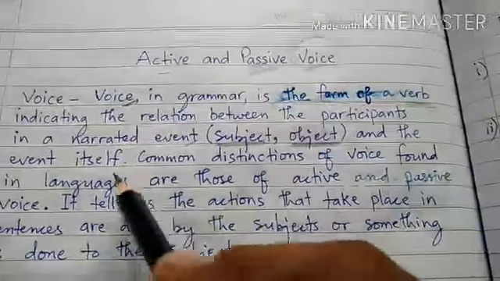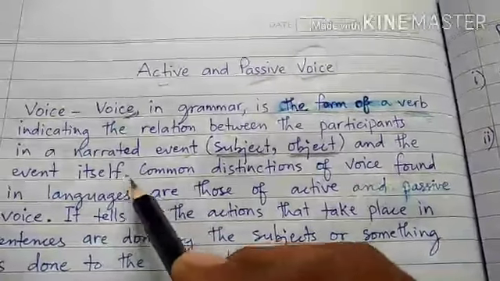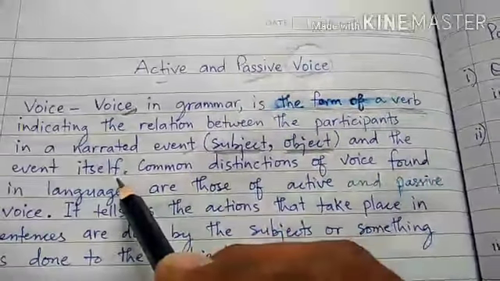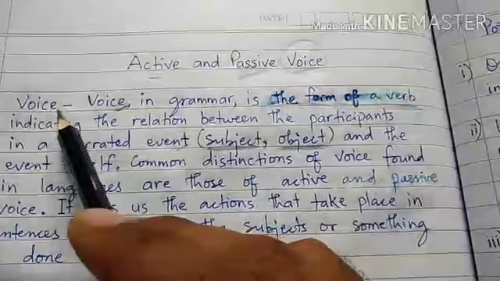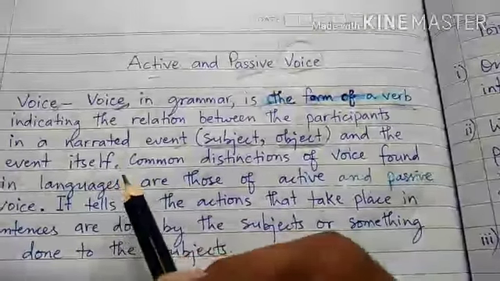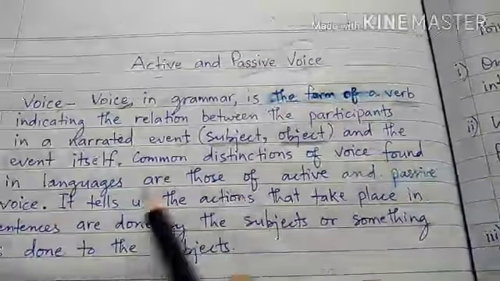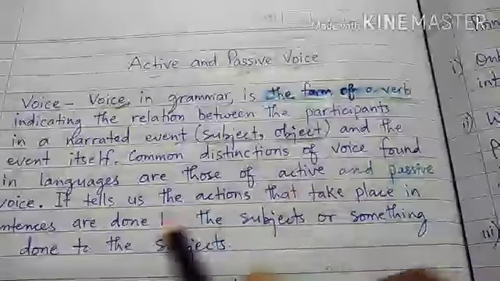Okay, and the event itself and how the event is performed is also expressed through voice in grammar. So common distinctions of voice found in languages are those of active and passive voice.